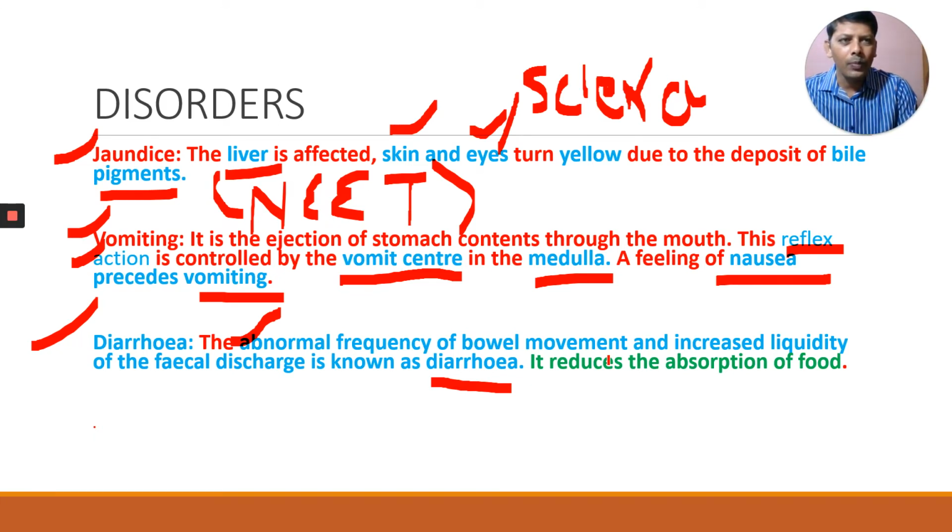Here it is abnormal frequency, that means they are moving more than normal. And what is the other one? Increased liquidity of fecal discharge.